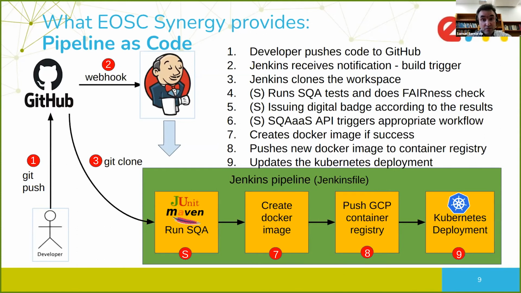The implemented workflow is described in this slide, like Slava already explained before, where the developer pushes code to the GitHub platform, then Jenkins starts running the pipeline, deploying the services, and applying the required tests. It also runs the test tools for FAIR metrics check, automated by the SQL as a service platform that I will give more details about later in this presentation. We are now finishing the platform development to support Kubernetes deployment that is expected to be ready next month.